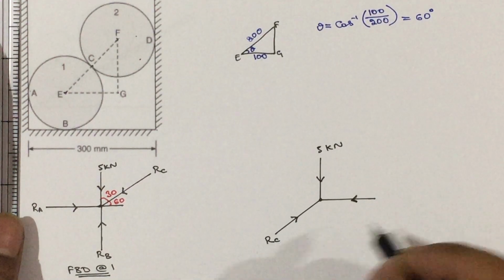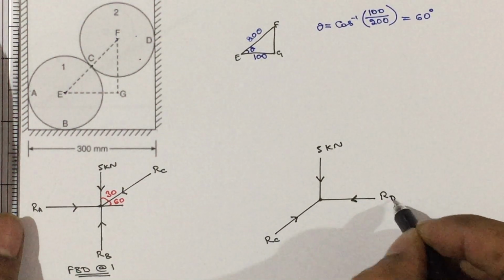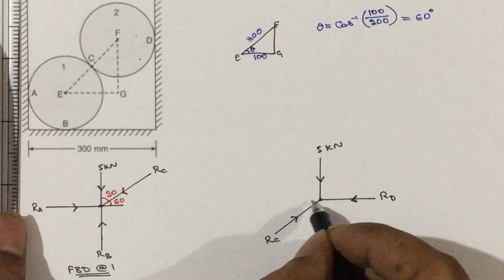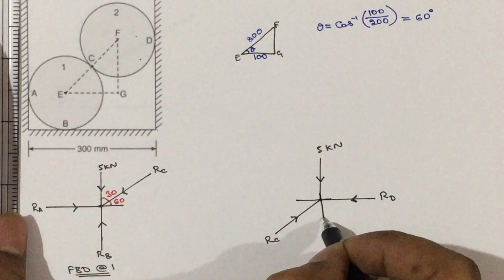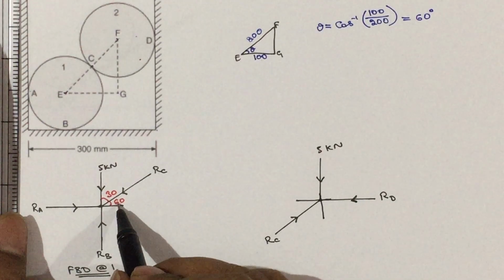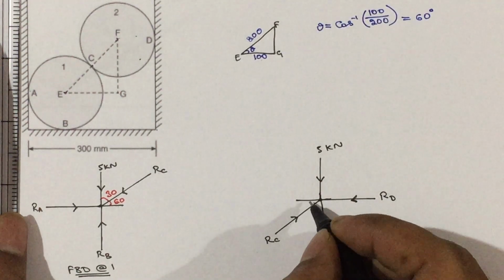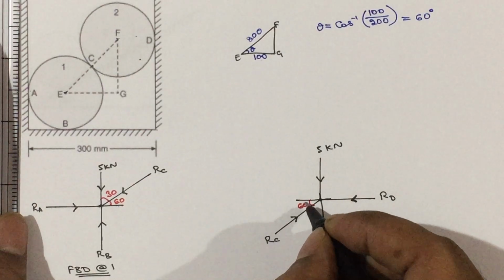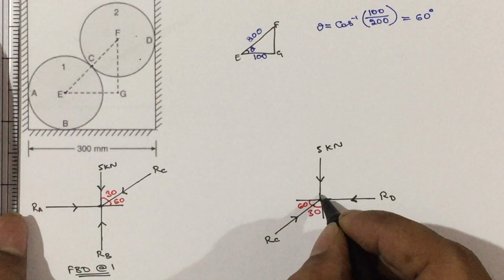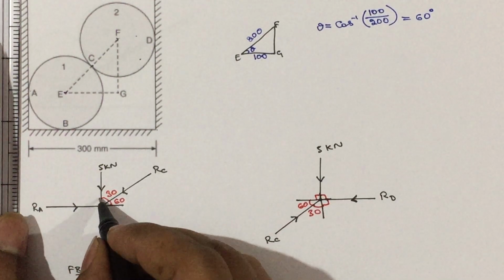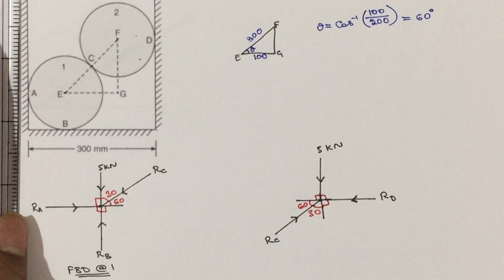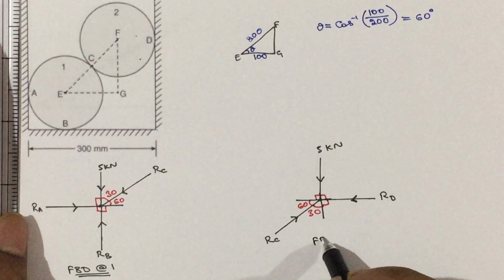This is the reaction at C point and this one is the reaction at D point. Then we need angles, for that draw a plus mark at the contact point. Here we calculated RC is making 60 with respect to horizontal, then with respect to vertical it will become 30. Remaining angles are 90, 90, 90 here also. So this is the free body diagram at 2.